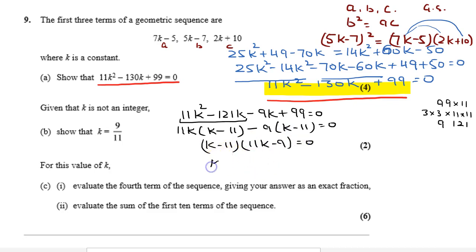So we have two values, k is equal to 11 and k is equal to 9 over 11. But it says that k is not an integer and 11 is an integer. So we are not going to consider this value. We will just say k is equal to 9 over 11.